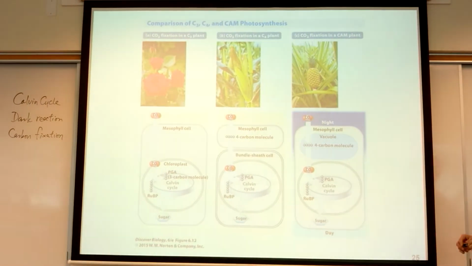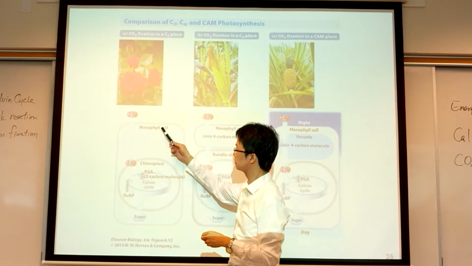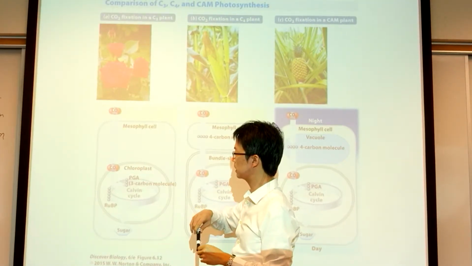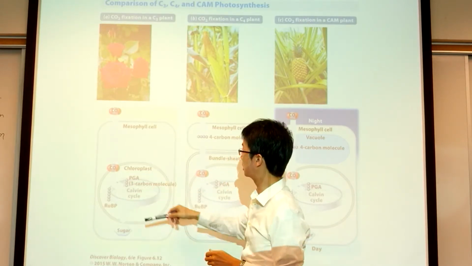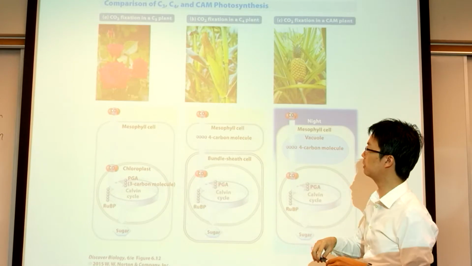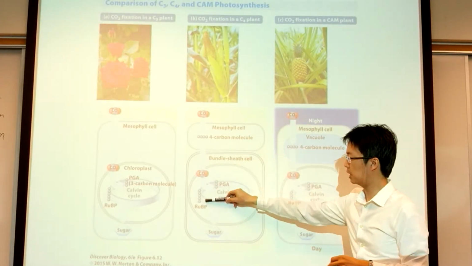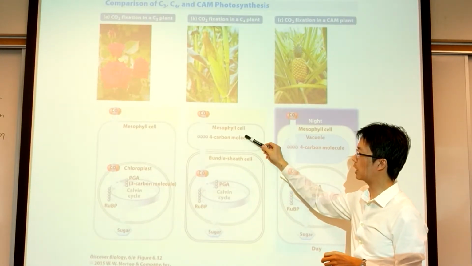So I mentioned that in this C3 plant you have the photorespiration issue because of the structure here. But for the C4 plant, you see that after the Calvin cycle, you have the 4-carbon molecule here.